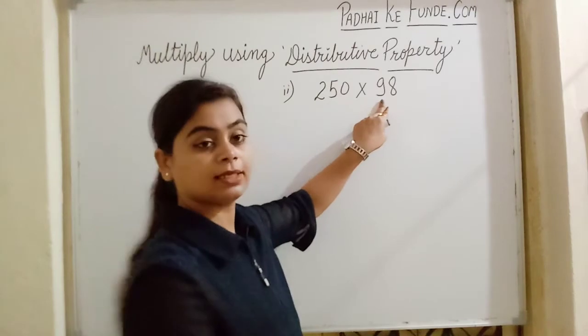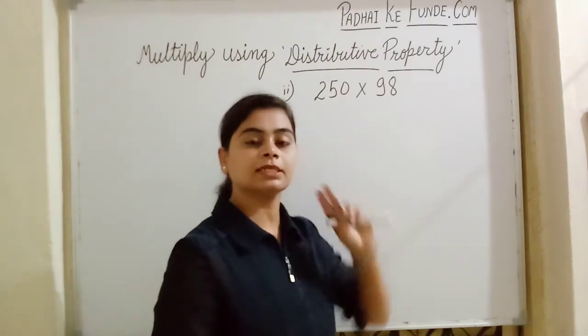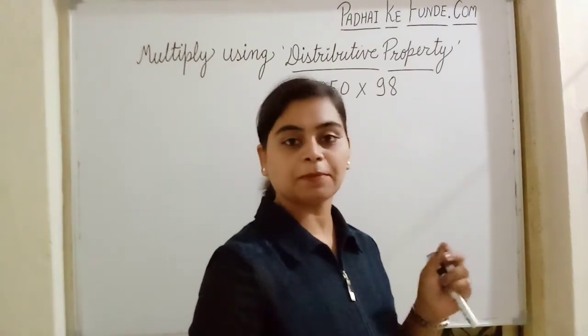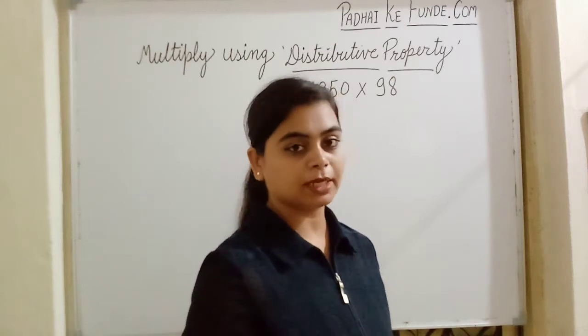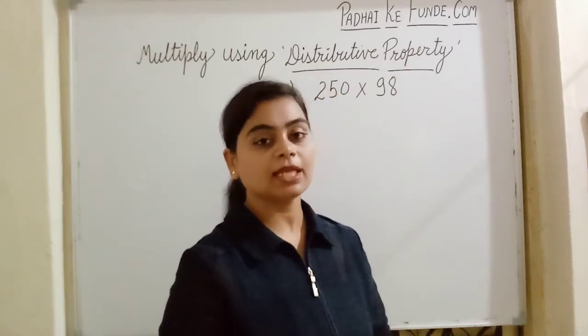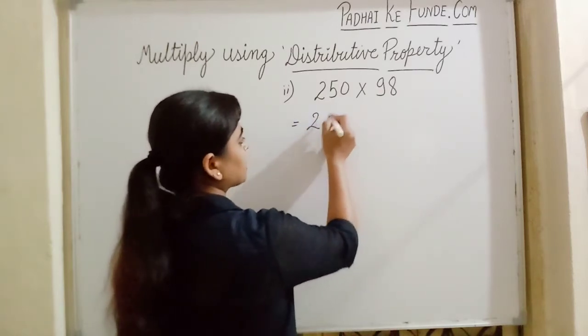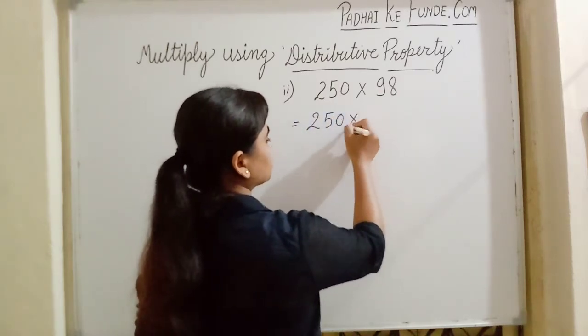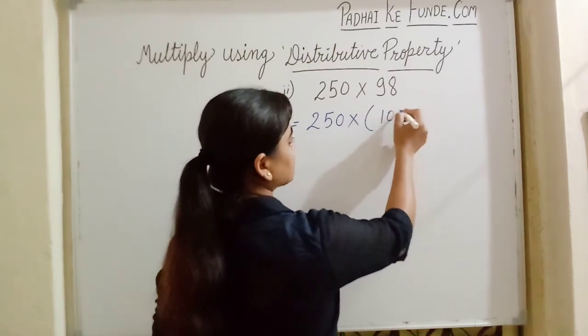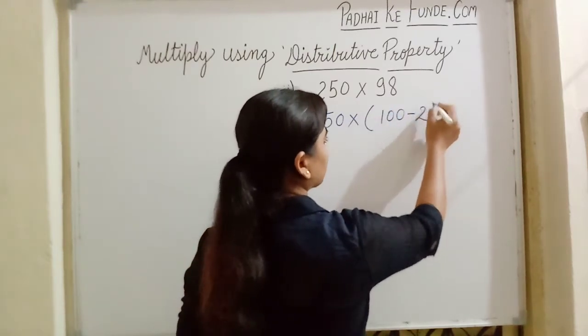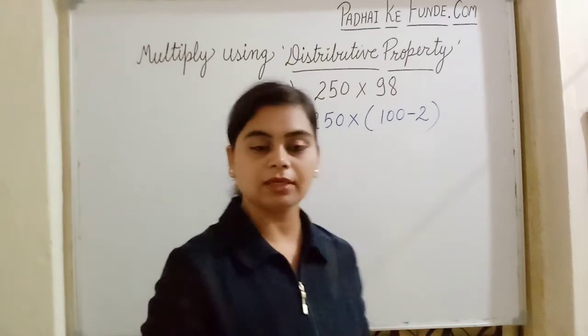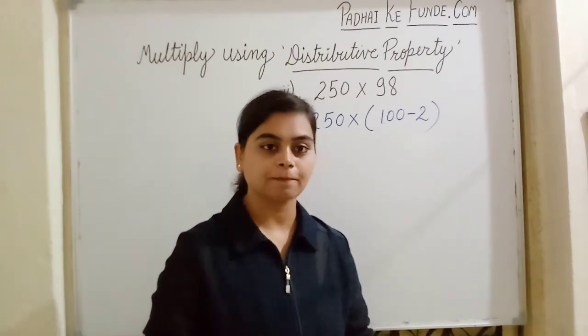But if you look at 98, if we subtract one number from another to get 98, we can easily get 100 from it. So we will write it like 250 into, in place of 98, I will write 100 minus 2, because 100 minus 2 is 98 only.